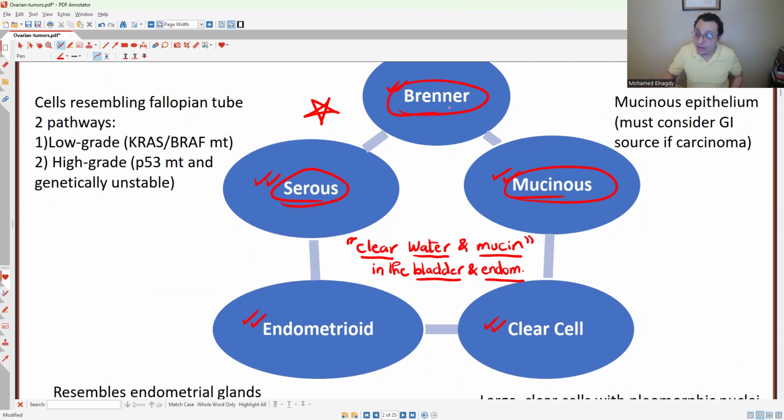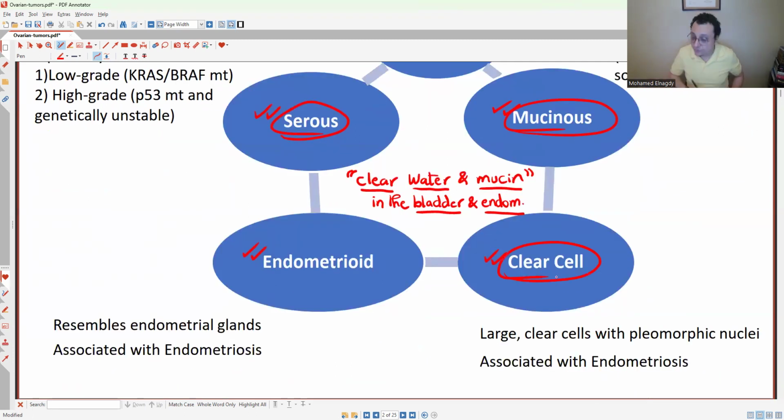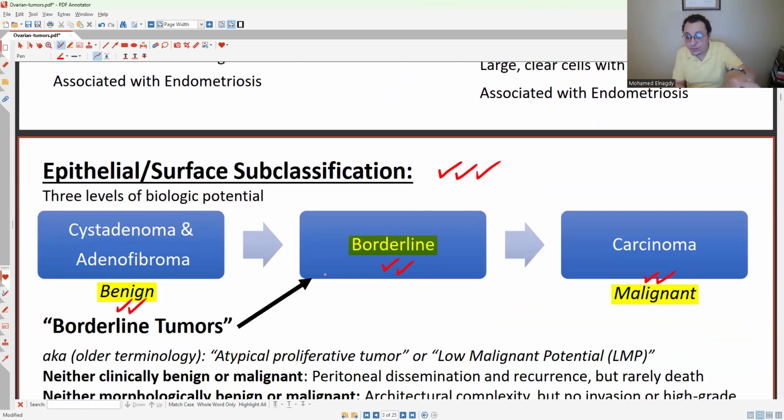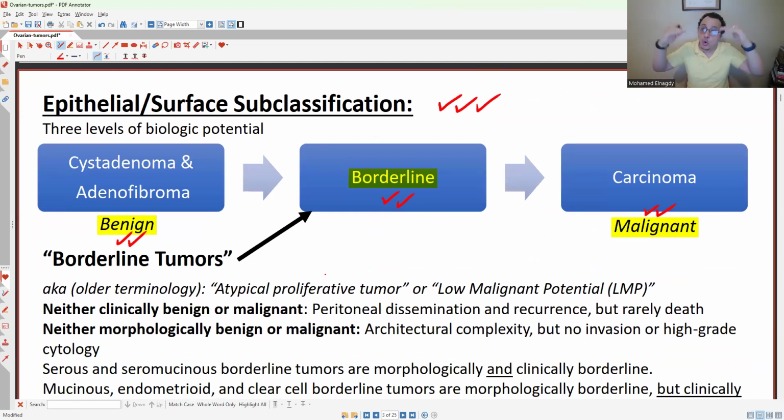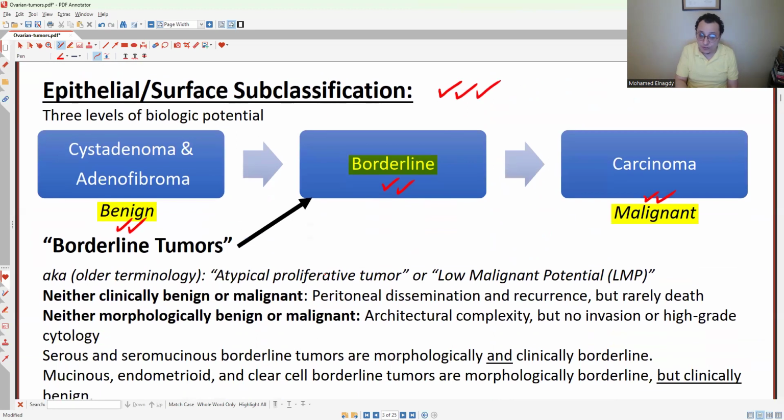Brenner tumor, we will have Brenner tumor and borderline Brenner and malignant Brenner. Clear cell tumor, we will have benign clear cell tumor, and borderline clear cell, and malignant clear cell. Endometrioid, same thing. So we have these 3 flavors that apply to all the epithelial or surface tumors, most of them. Okay?